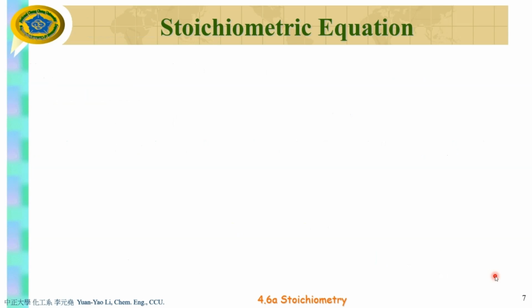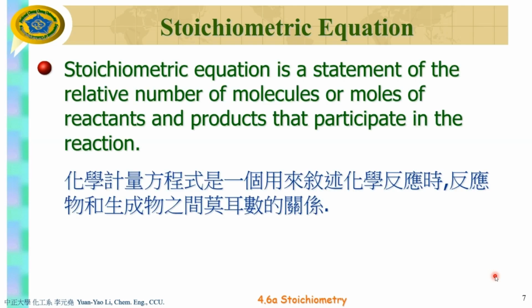So the first thing we want to introduce here is called the stoichiometric equation. What is a stoichiometric equation? The definition is a statement of the relative number of molecules or moles of the reactants and the products that participate in a reaction.